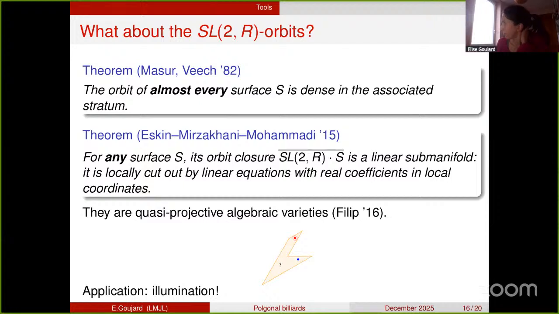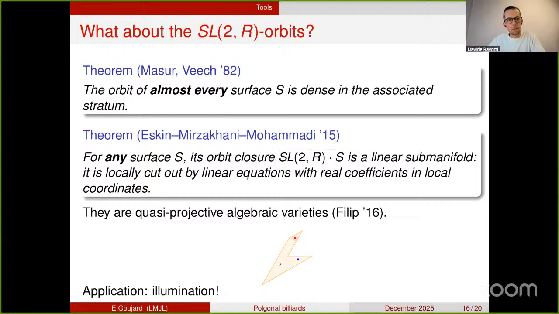I don't remember exactly how it works. I've looked at this, but you have to work a little bit. It's a whole article by Lelièvre-Weiss, but basically it uses this SL2R invariance of the illumination property.